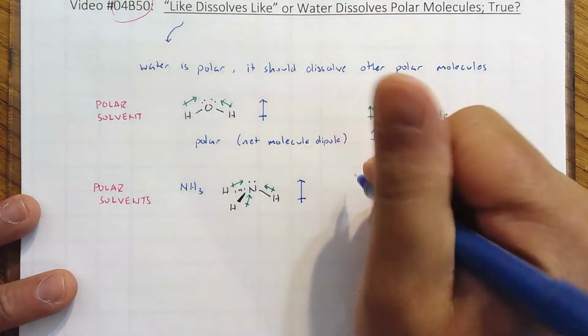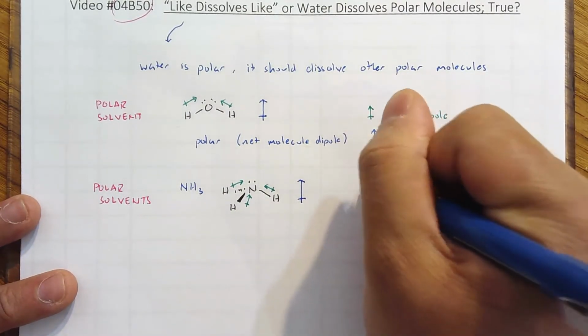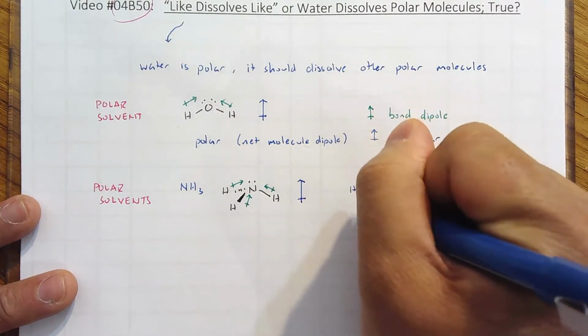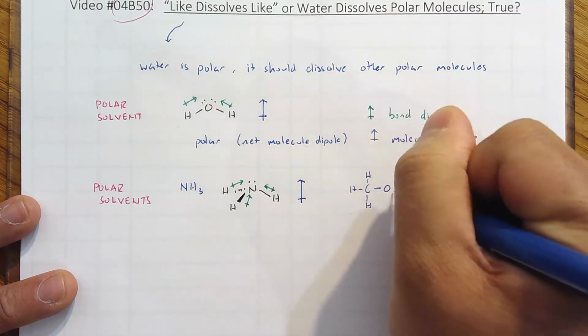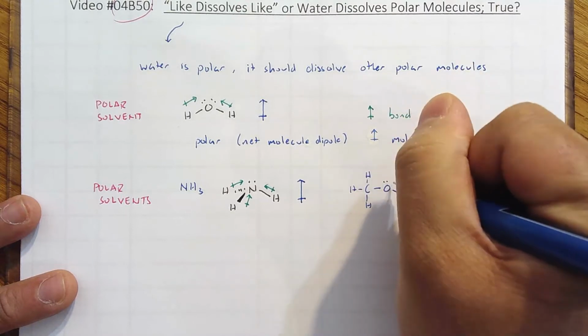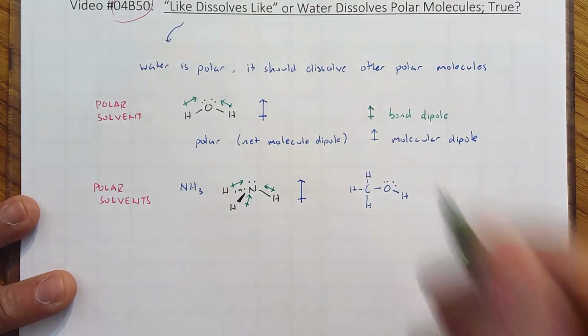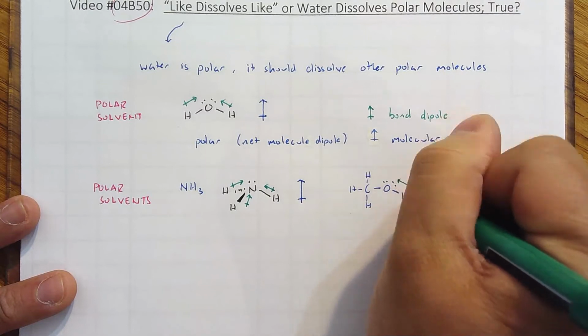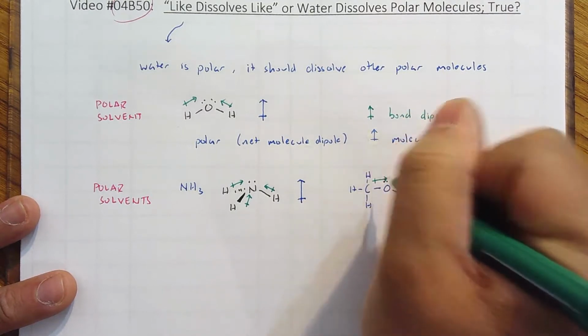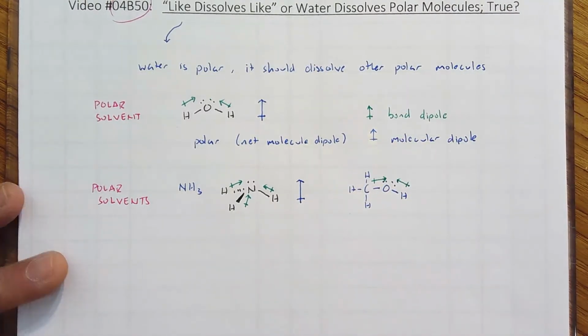Methanol. Methanol is interesting because it does have areas that are nonpolar, but also areas that are polar. Obviously it's the oxygen that's more electronegative, and you'll draw bond dipoles on both sides.